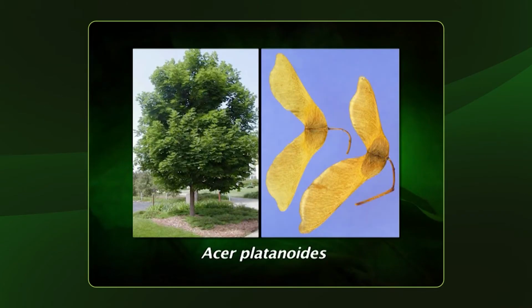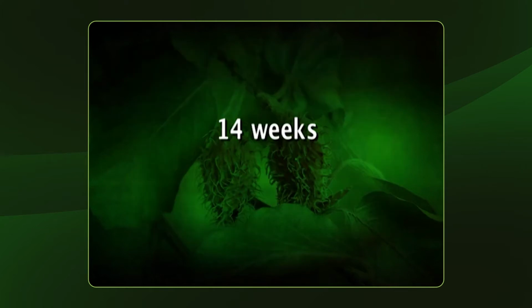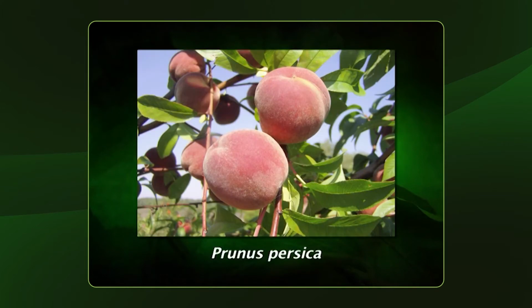Such seeds require very long periods of cold stratification to overcome dormancy, ranging from 7 weeks in Acer platanoides to 14 weeks in Prunus persica.